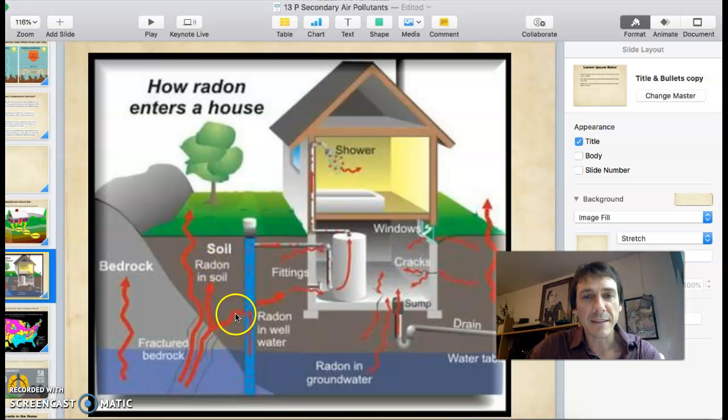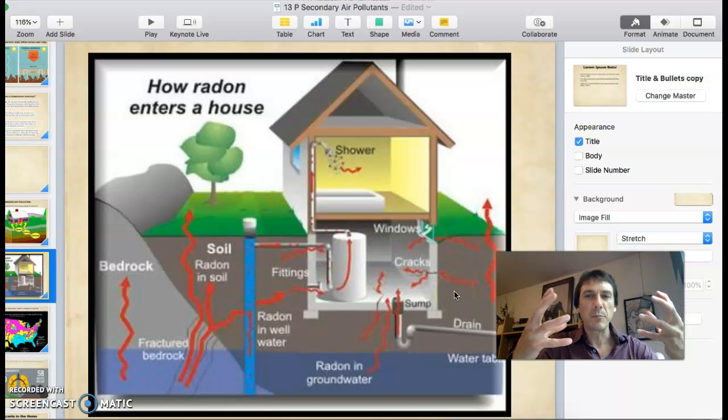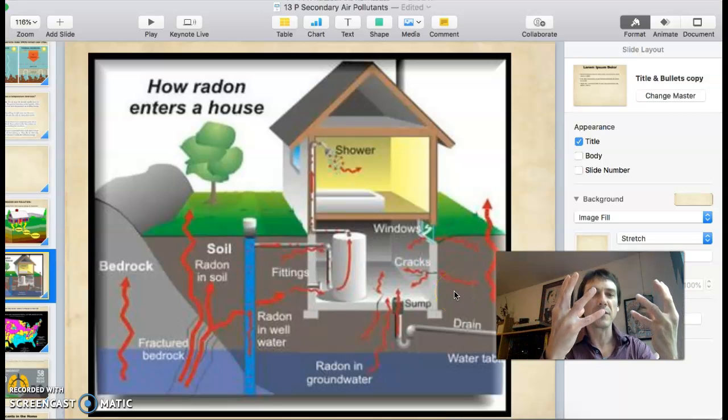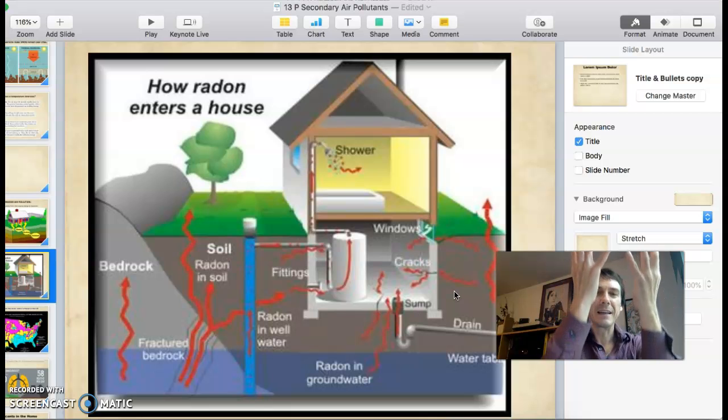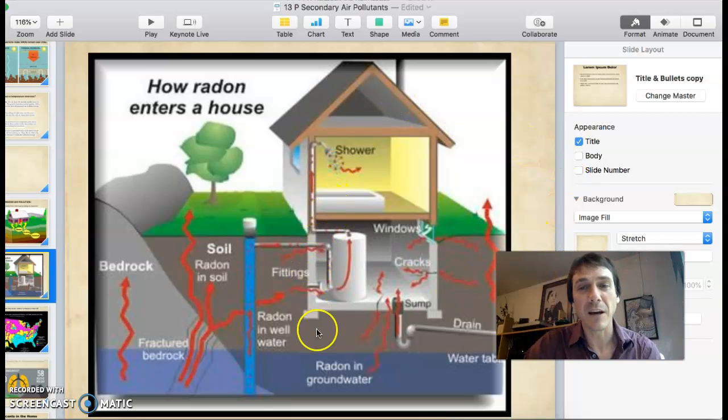Or maybe it gets into the basements and can leak into the basements, or it can also get into groundwater. And so if you have a well and you're using groundwater to drink or to shower, it's getting into the groundwater. All different ways that this radon can creep out of the soil, out of the rock, and go up. And if you build a house on top of where the radon's coming in, it's not good.